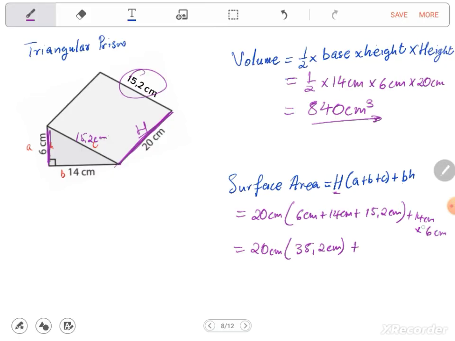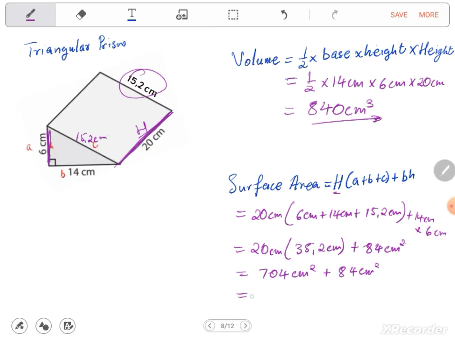All right. And then 14 centimeters times 6 centimeters will give us 84 centimeters squared. Now 20 centimeters times 35,2 centimeters will give us 704 centimeters squared, plus 84 centimeters squared.